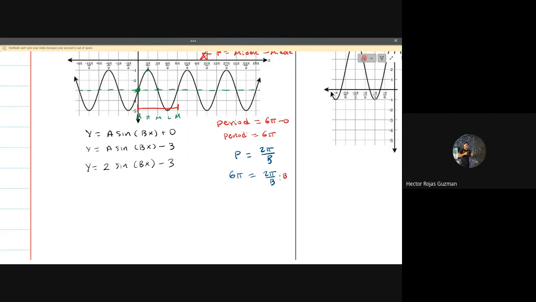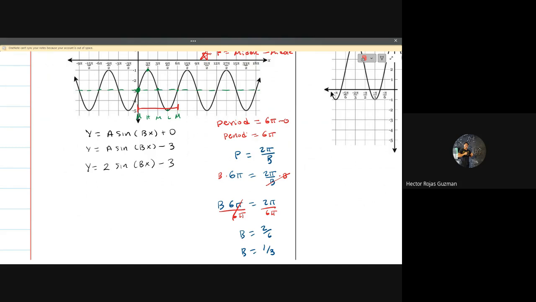I can multiply both sides by B. And then I can divide by 6 pi. That's going to give me 2 over 6. And if I reduce it, that's 1/3.